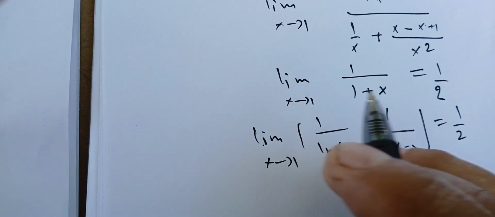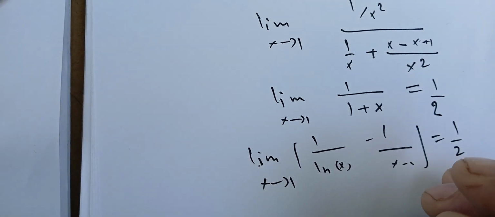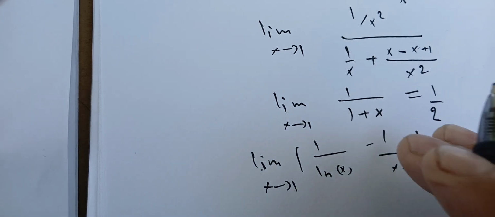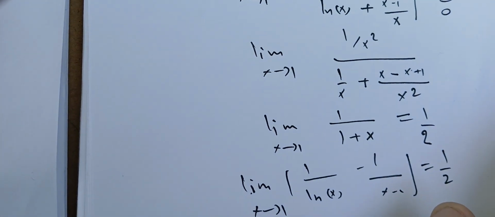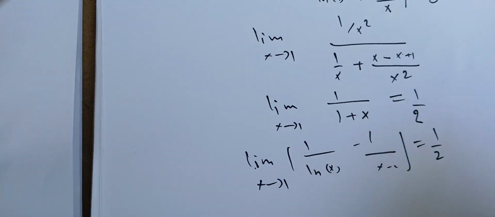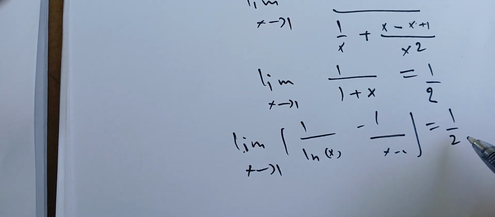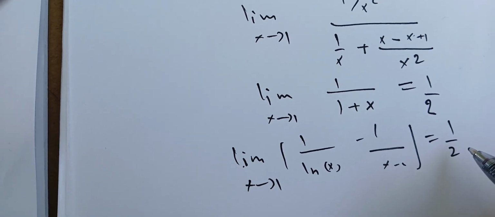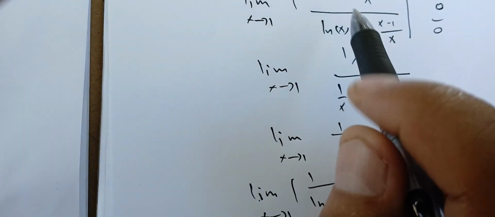We did it from the right, because we have to check both limits, from the right and from the left. So this is the limit from the right, and it's 1/2. The next thing we're going to do is check the limit from the left.